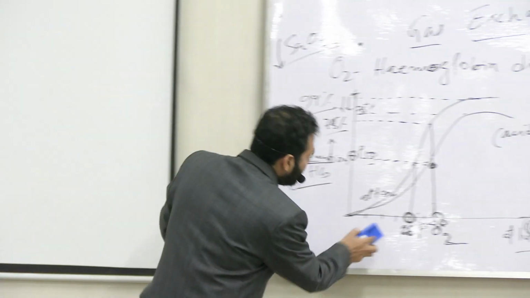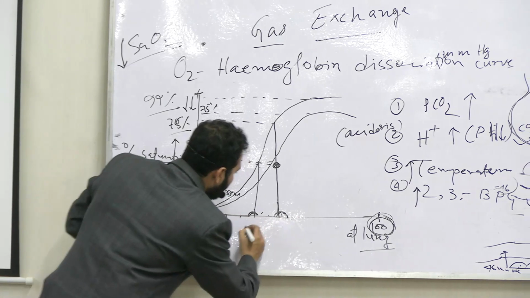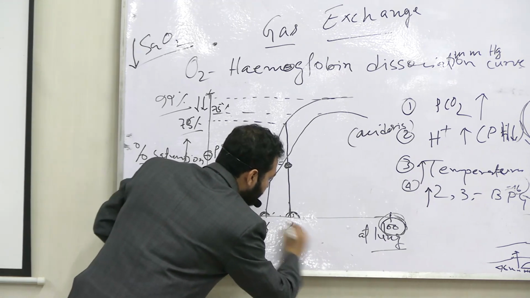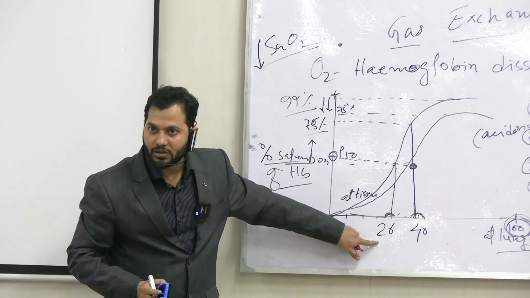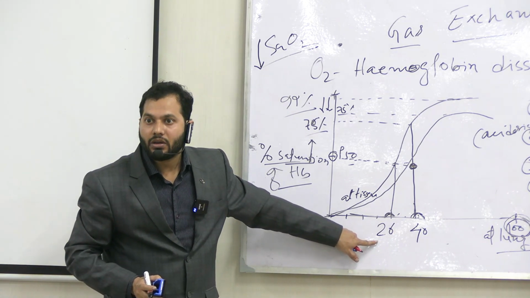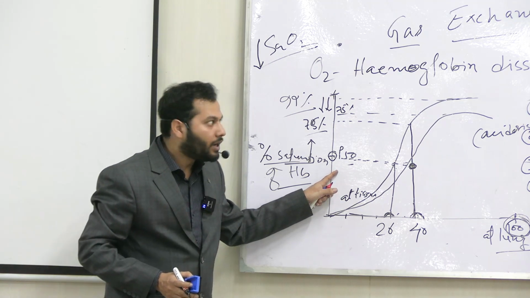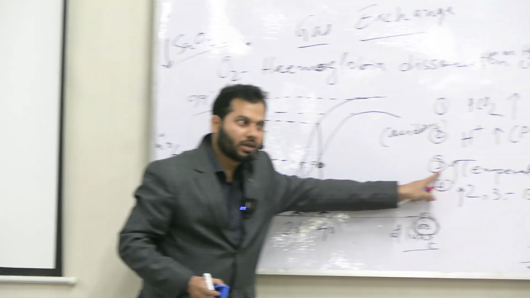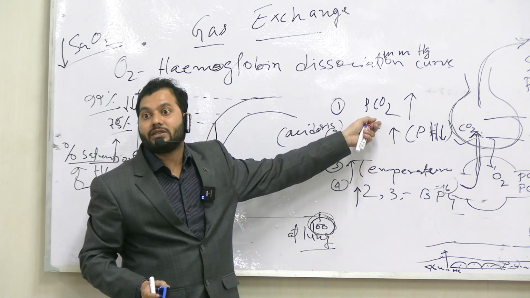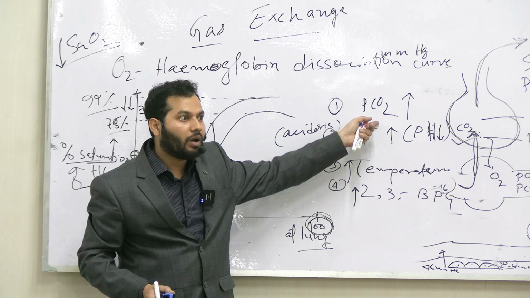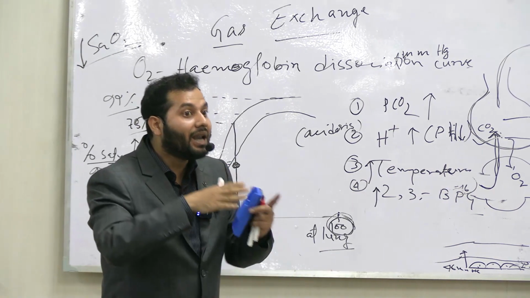See, initially it was 26 for P50. Now the condition changes. The concentration of carbon dioxide is more here, which means the number of oxygen molecules is less.